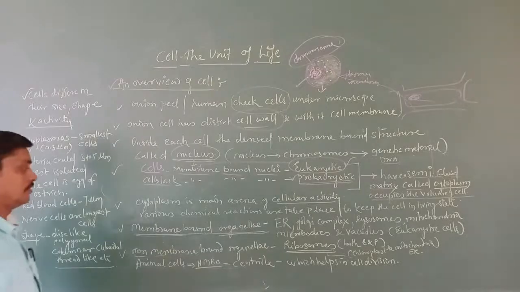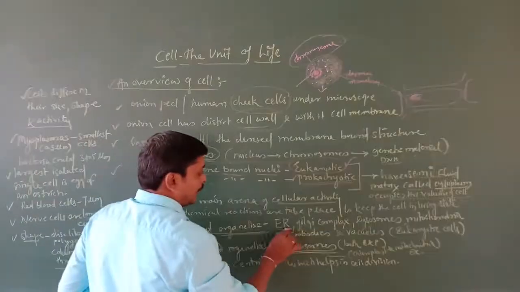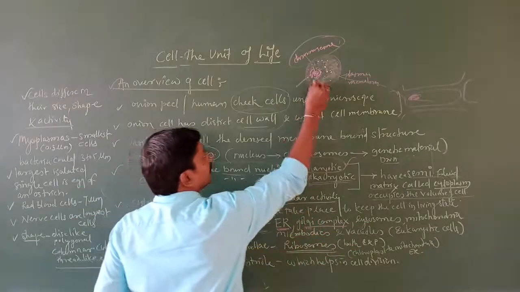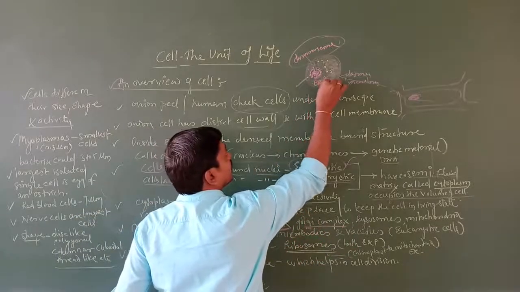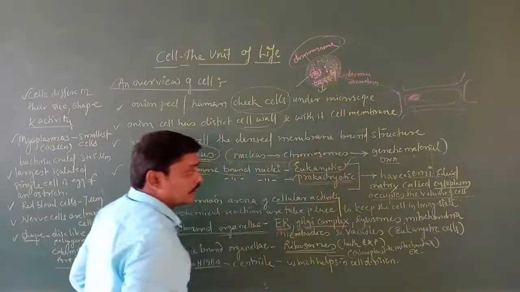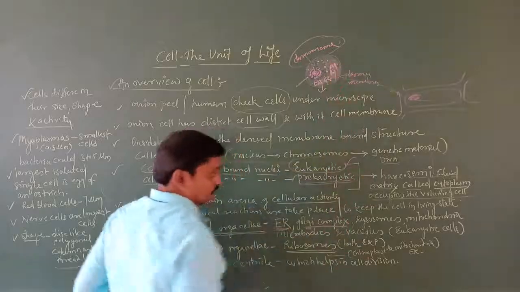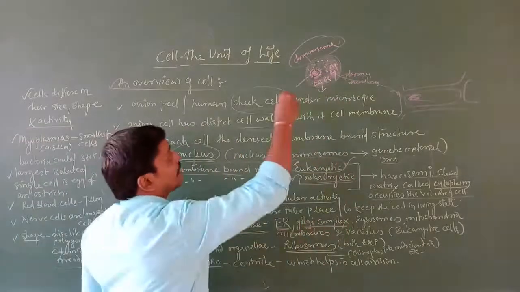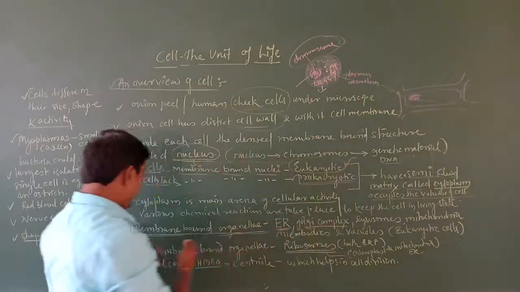What are those? Endoplasmic reticulum, Golgi complex, lysosomes, then mitochondria, microbodies, vacuoles. These are membrane bound organelles, found in the cytoplasm.